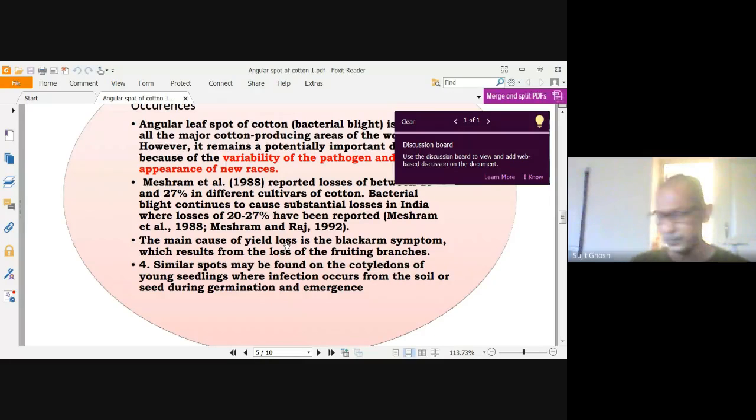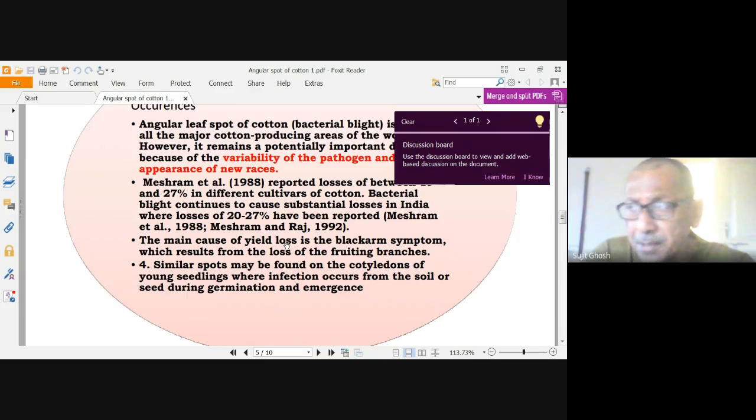So, regarding the occurrence, it is observed throughout the world where cotton is cultivated. Now, India is one of the major fiber yielding cotton producing countries, and its total production is hampered. Previously it was measured 19 to 27%.